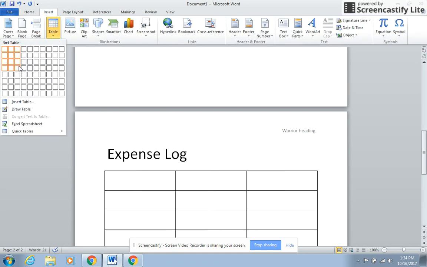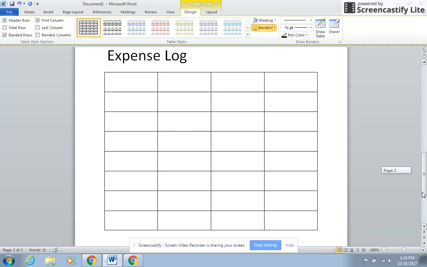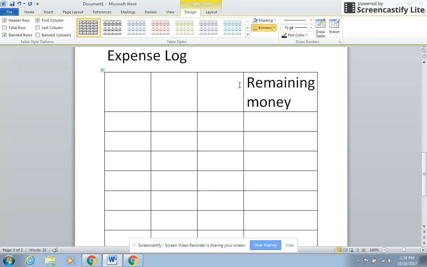And then you're going to simply make a table. And you're going to draw it, whereas I'm using it on the computer. And you're going to make 4 different columns. And you need to make it at least 8 rows long. And then you say right here, this is going to be the remaining money.